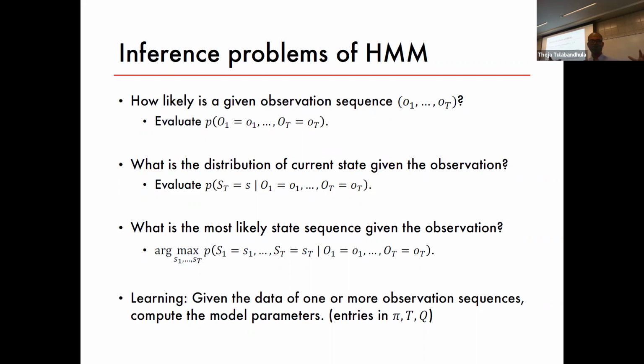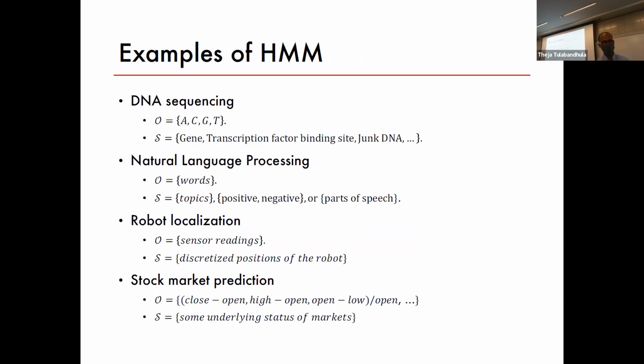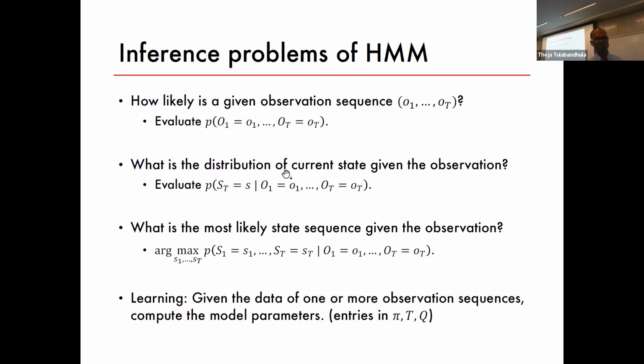But because of the Markovian assumption, you only need the transition parameters, just the pi, T, and Q, to talk about the joint distribution. Since there is a joint distribution, you can always ask what is the marginal distribution of the observed data. So marginalize out all the unobserved or hidden random variables taking different values. Okay, that's the first question.